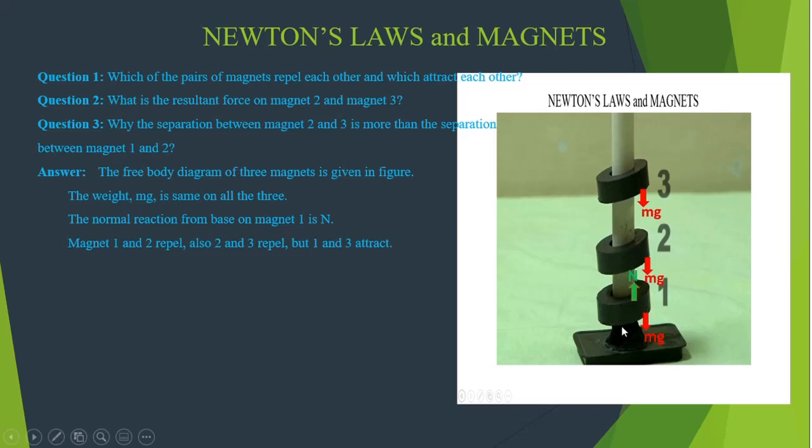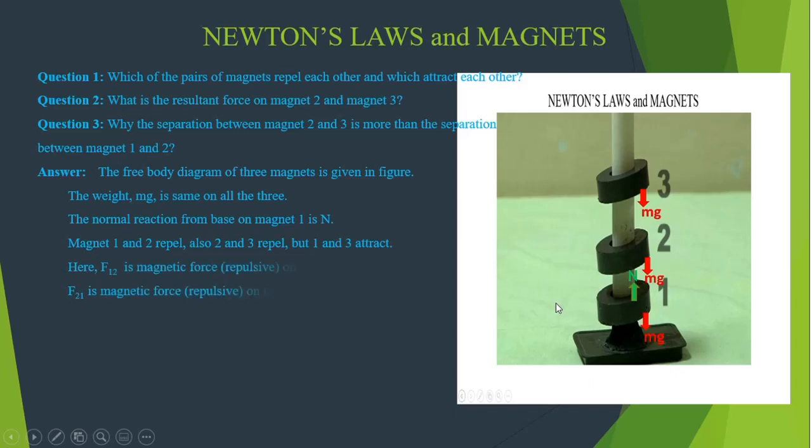Let us assume this is the north pole and this is the south pole. Since there is repulsion between these two, if this is south, this is also south, and this is north. These two are also in repulsion, so this is also north. So this one is the north pole and this one is the south pole. So there is an attraction force between 1 and 3.